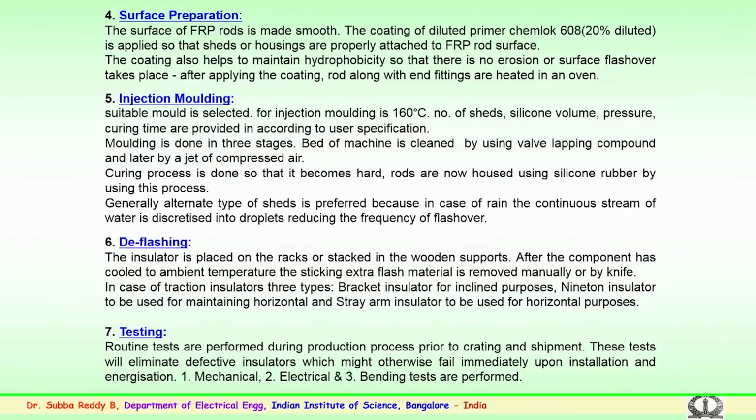In case of traction insulators, there are 3 types. We have the bracket insulator, which is for inclined purposes, the 9-ton insulator, which is to maintain the horizontal position, and the stray arm insulator, which is also used to be in the horizontal position.